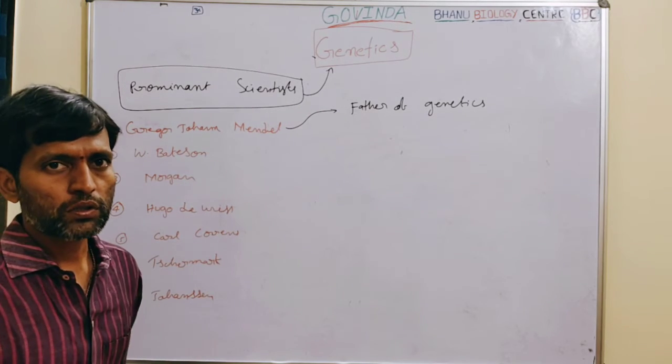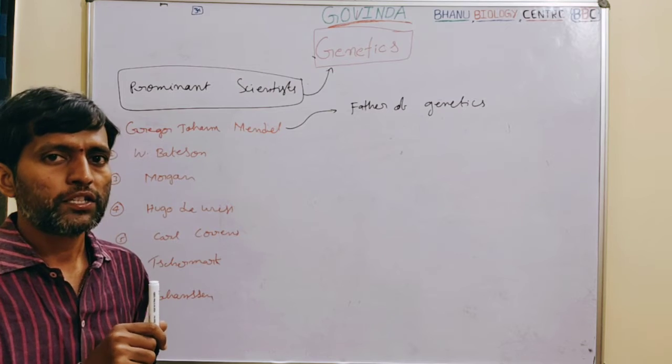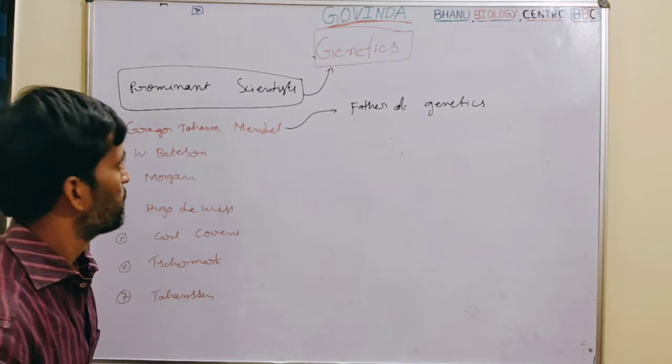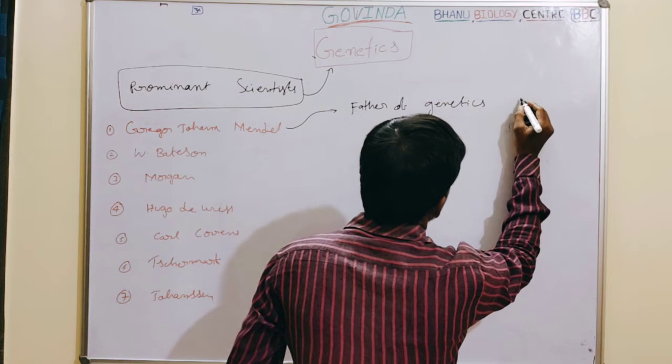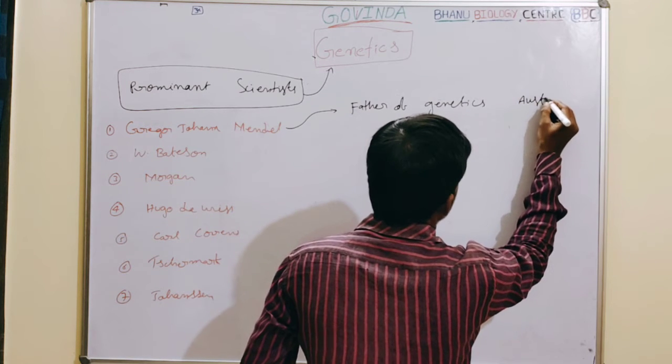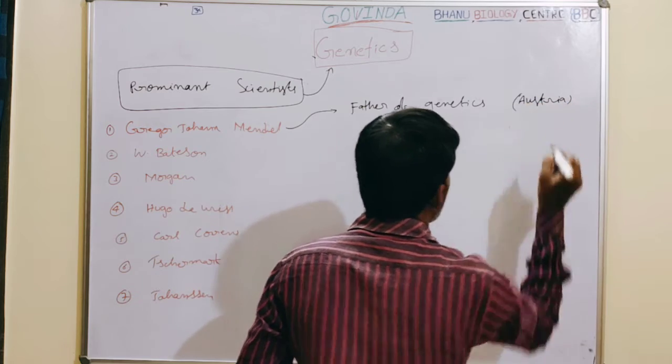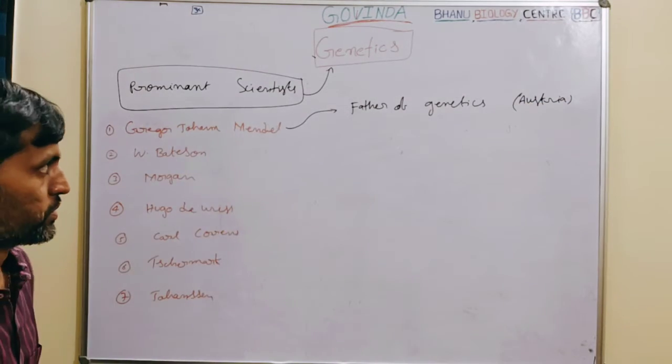He was the first person who did the hybridization experiments. He belongs to the nation of Austria, right? Place Austria.